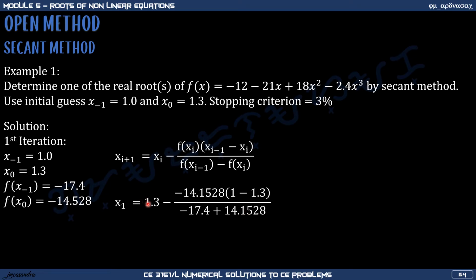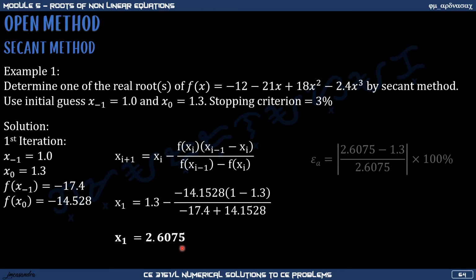So x new minus f new times x old minus x new, divided by f old minus f new. Okay, so that would be your reminder for the equation for the second method. So simplifying now our equation, we get x1 is equal to 2.6075.